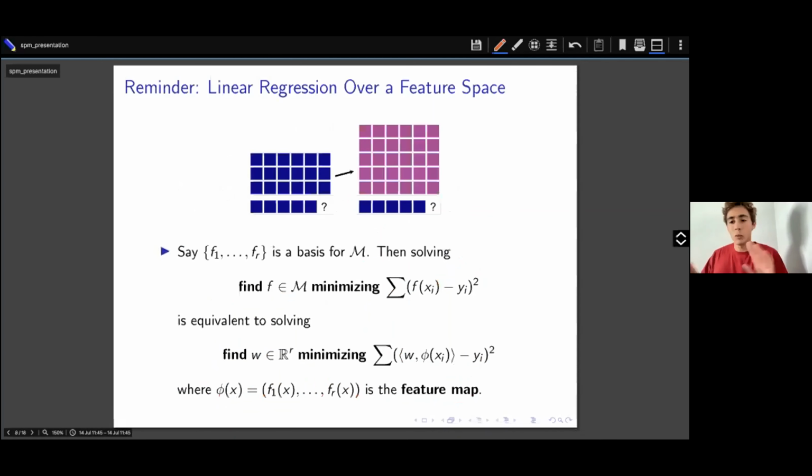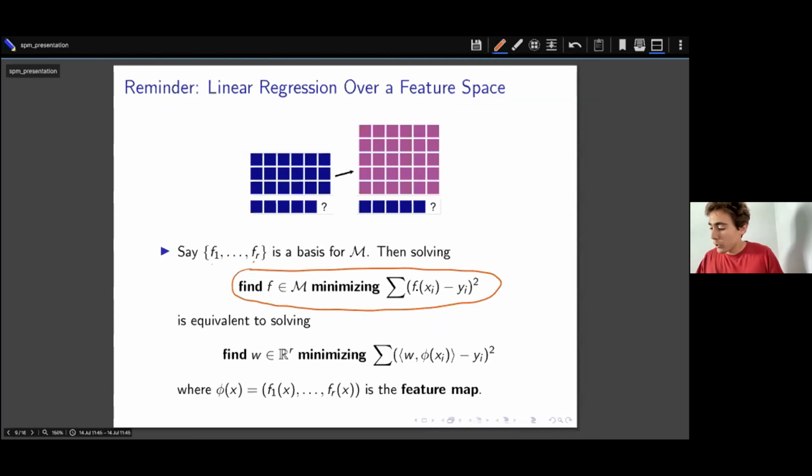Right? So what's the idea? If you're not familiar with this feature map idea, let's say that F1 to FR is a basis for M, and we're interested in solving this problem. We're trying to find a model from M that minimizes the sum of squared errors in our data.